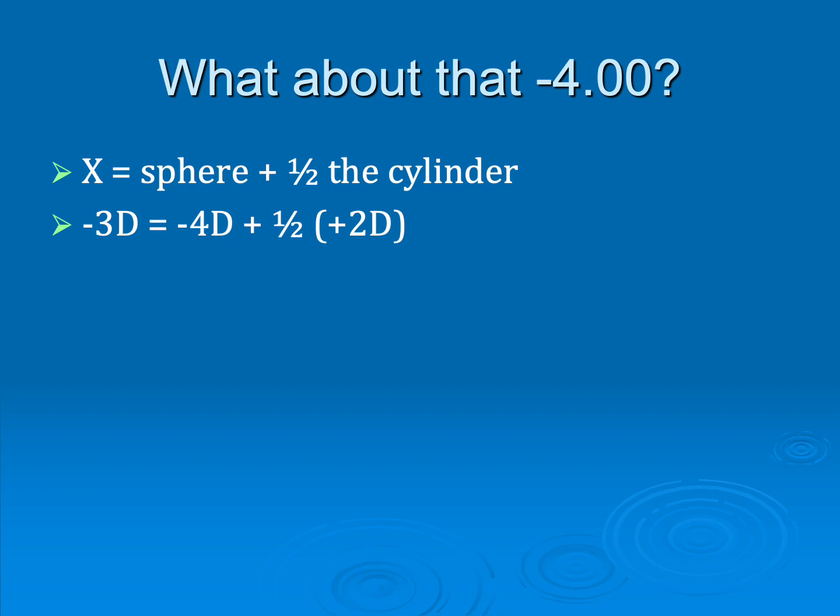But when we added cylinder, we changed things, but we had to keep a value of -3 as we were doing it. And this is going to make more sense as we go along, so bear with me. But this is the formula for it. And it turned out that -4 was what we needed, because our cylinder was 2 diopters, 1/2 of 2 is 1, and a -4 gets us back to the -3 where we started.